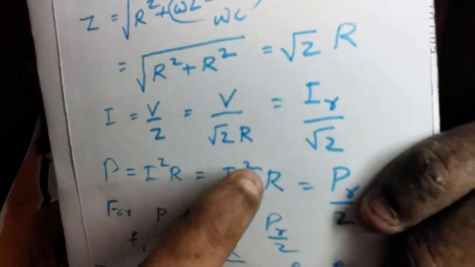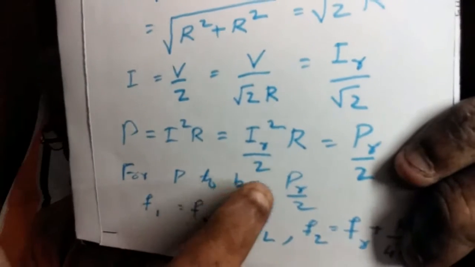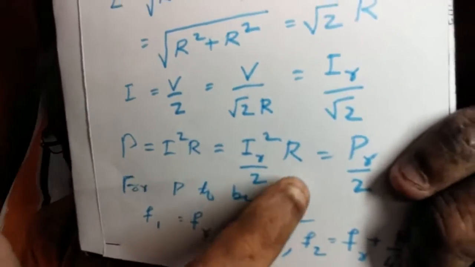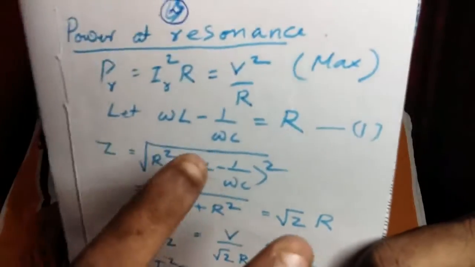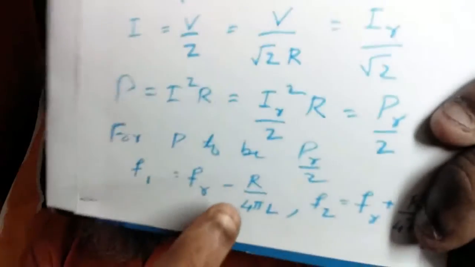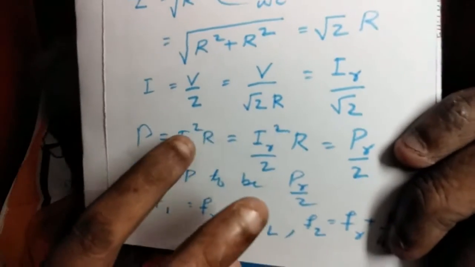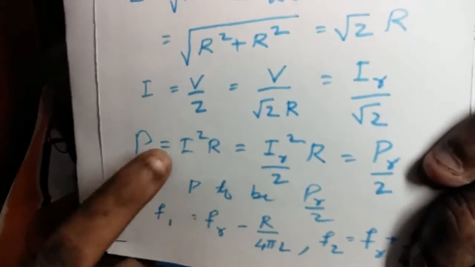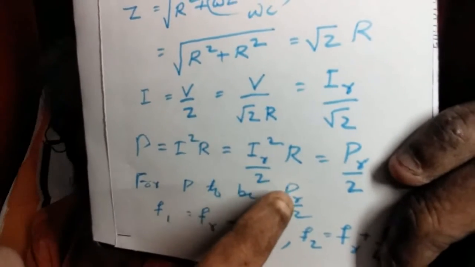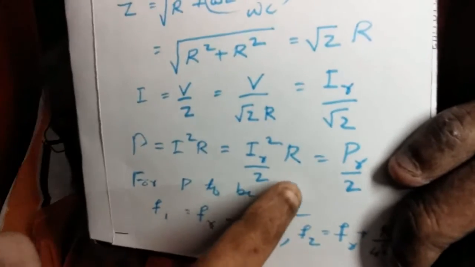IR square R is PR, power at resonance. So P equals PR by 2. When this minus this is equal to R, that is a special case. Under this condition, power consumed is half of the power consumed at resonance.